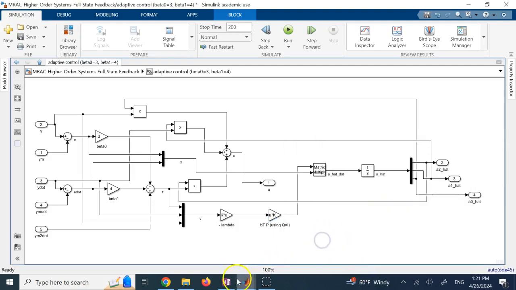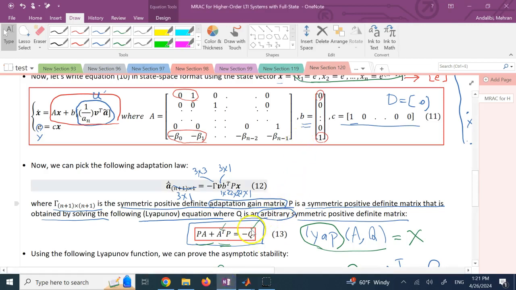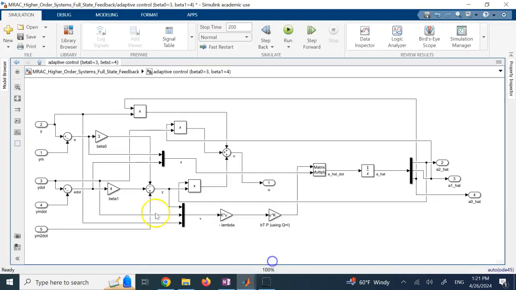Good. The last term I need to form is x, and remember x in this case was e and e dot. So here, that is my e, this is my e dot. I get these two, and I form x, bring them in, and here, since x is a signal, and this negative lambda v b transpose p is a signal, I need to multiply two signals, and none of them is constant.